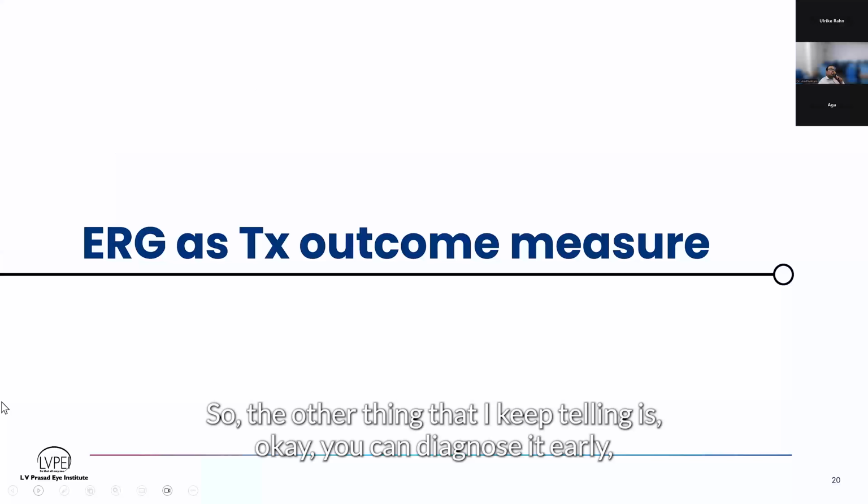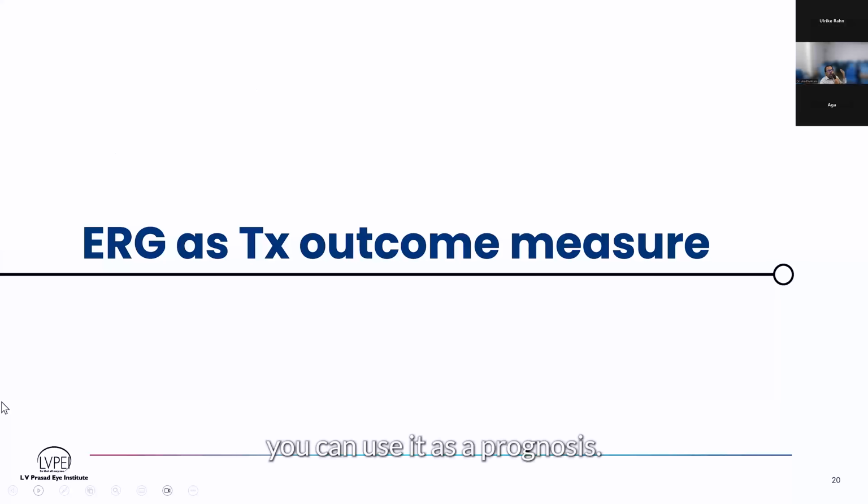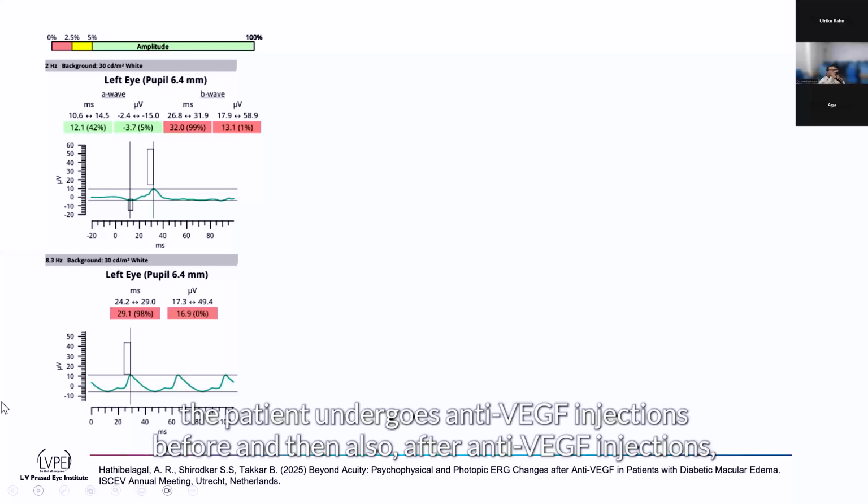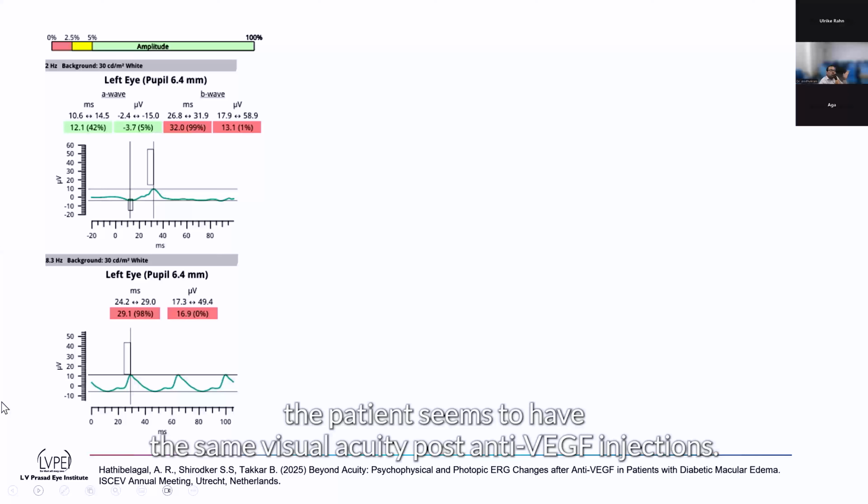The other thing that I keep telling is, you can diagnose it early, you can use it as a prognosis, but what about as a treatment outcome measure? Because often with visual acuity, the patient undergoes anti-VEGF injections, and after the injection the patient seems to have the same visual acuity.